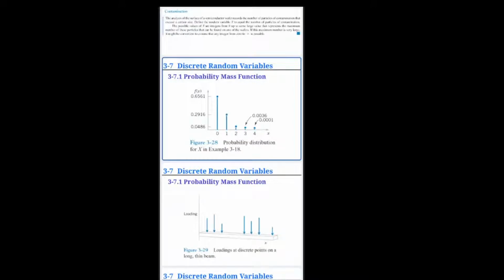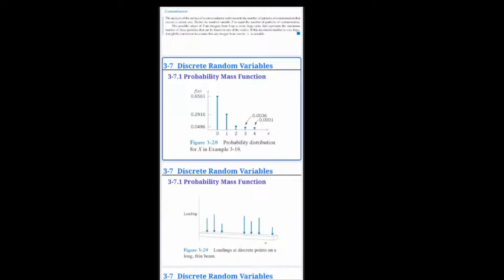В західній літературі це поняття називається probability mass function. Тобто функція маси ймовірностей. Така назва взята за аналогією з функцією маси в інженерії на балці, яка визначає розподіл ваги на балку.